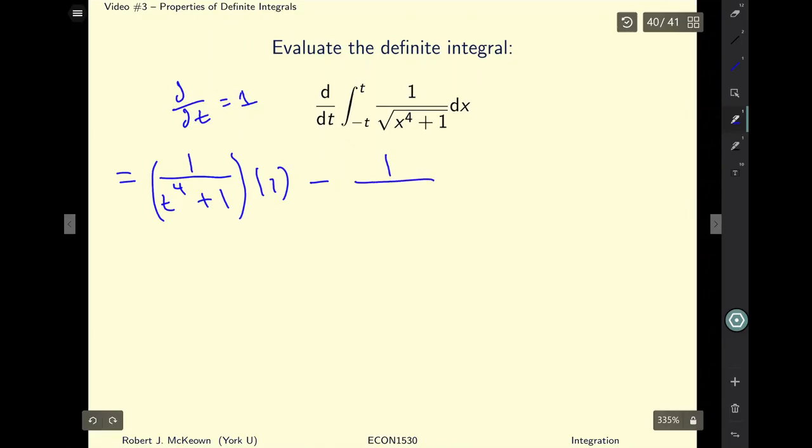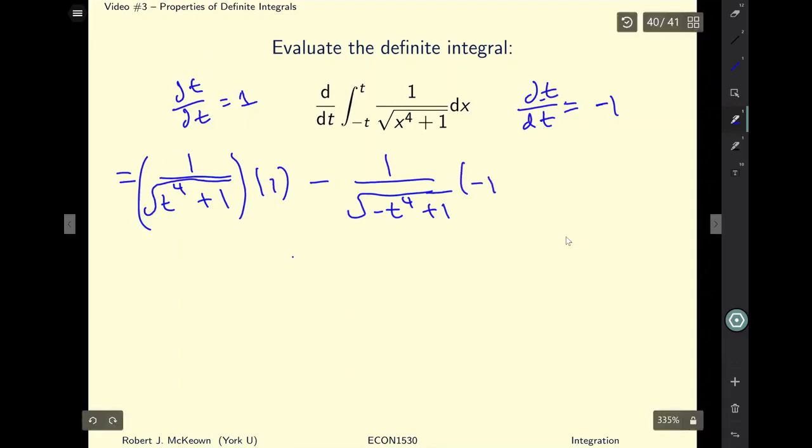So I'm going to have 1 over the square root of negative t, all to the power of 4 plus 1, and then all that in a square root. I also need to find the derivative of the lower limit with respect to t, and that's going to give me negative 1. And this whole thing times negative 1. Now, keep in mind I forgot this little square root right there.